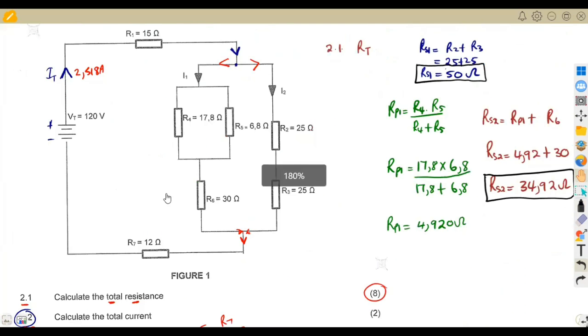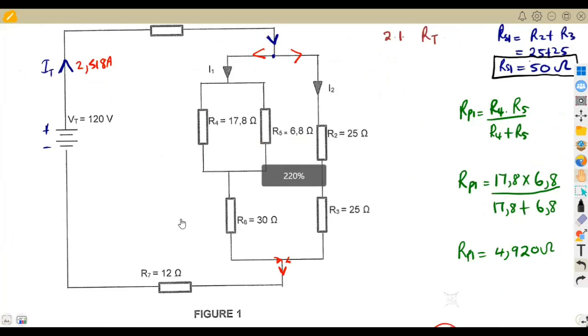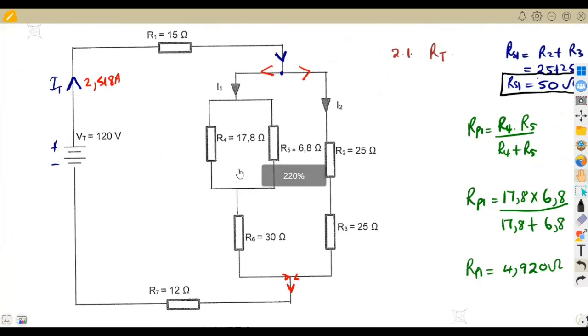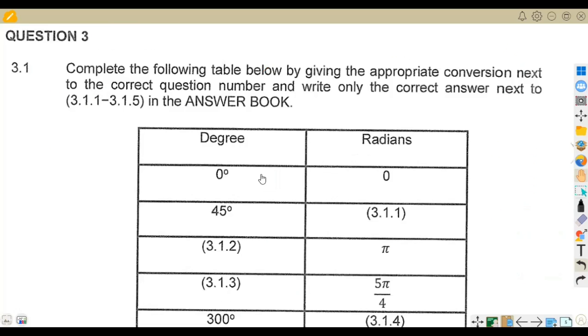And also don't be scared of the diagram. By just looking at the diagram, you see a lot of resistors and then you think it's difficult. Analyze your information properly and check how the resistors are combined, or how they are given. All right, so let us check question 3.